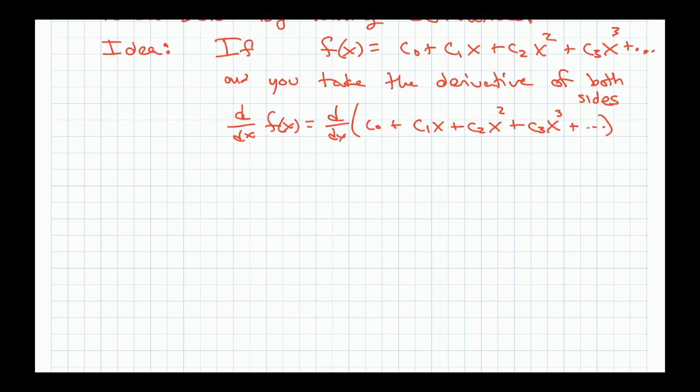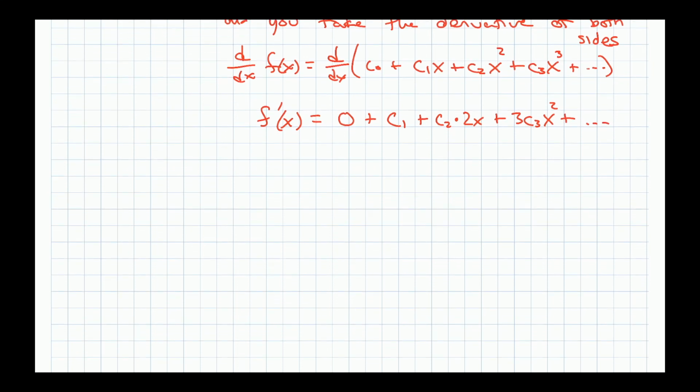If you take the derivative on the left, you're going to have just f prime. And if you take the derivative on the right, you're going to get whatever you get. Because of the way I wrote it, I can actually say what the derivative is. I'm just taking the derivative using the power rule here. You get a series.